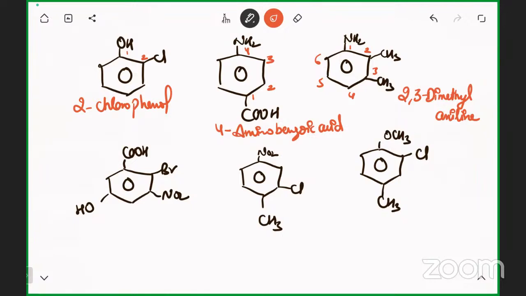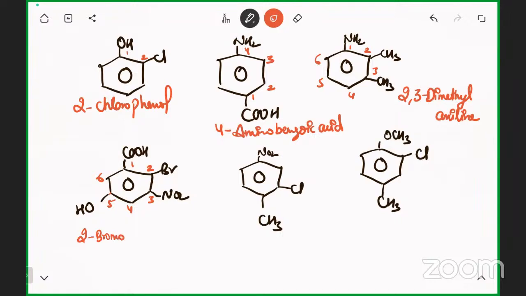Okay, this one. The numbering should start from the COOH. 1, 2, 3, 4, 5, 6. Tell me the name. 2-bromo first.